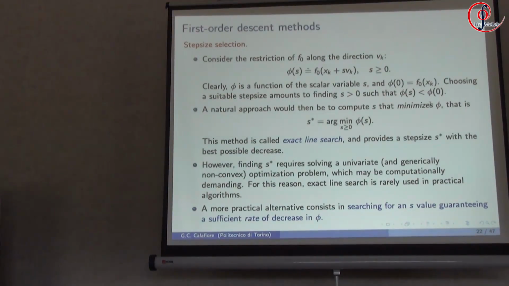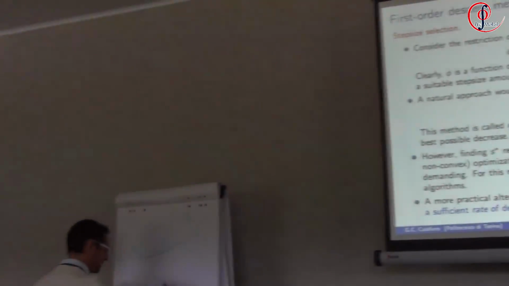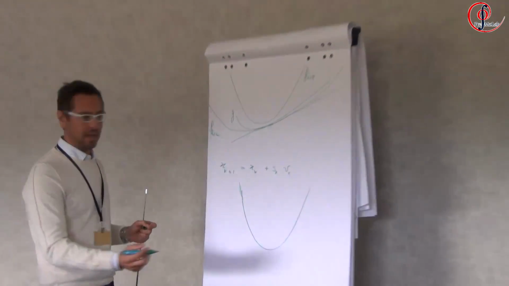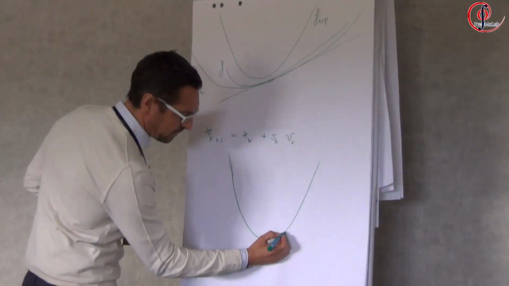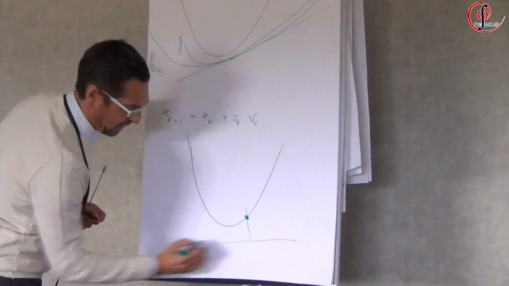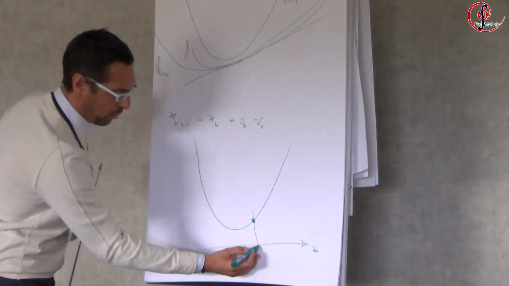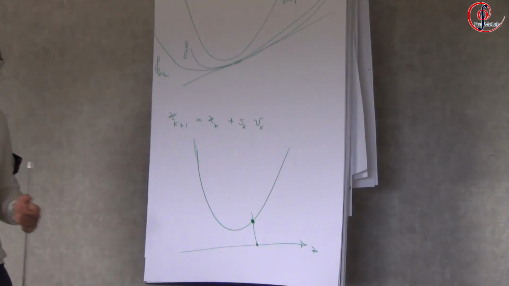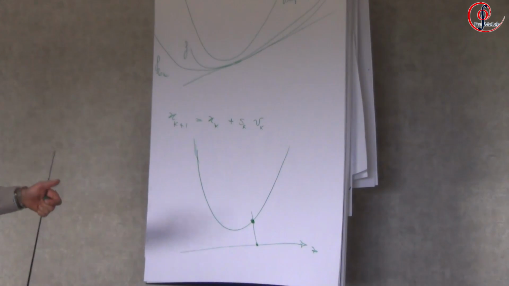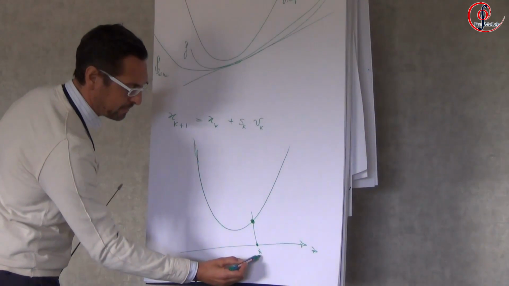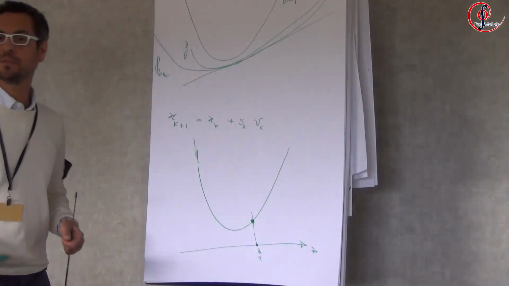So to make things clear, if you have the nicest possible convex function, like a parabola, like this, okay? And you are at a point here, this is the variable x, and you are using a gradient descent algorithm to minimize this function. Maybe this is too elementary, but it's worth saying. So you are at this point xk, you compute the gradient of this function.